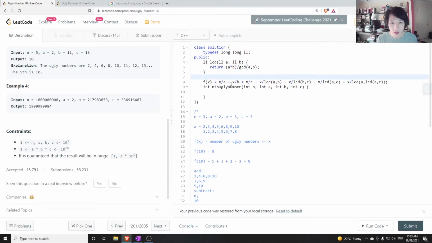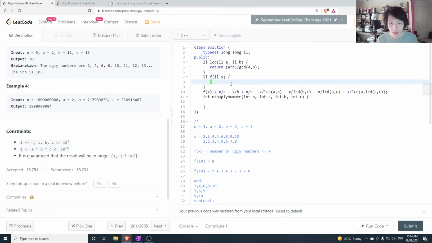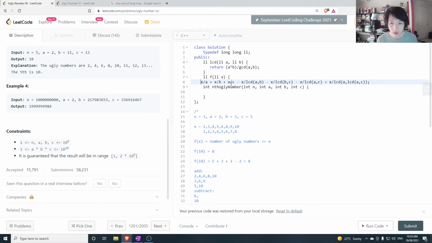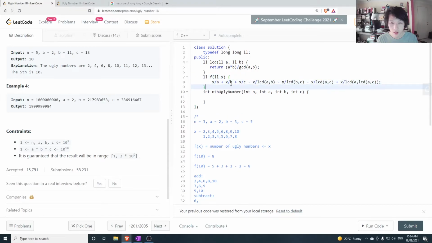Okay, so that means we know how to implement f of x. So let's make that return something like this. All right, return that. But it also has to take in a, b, and c.